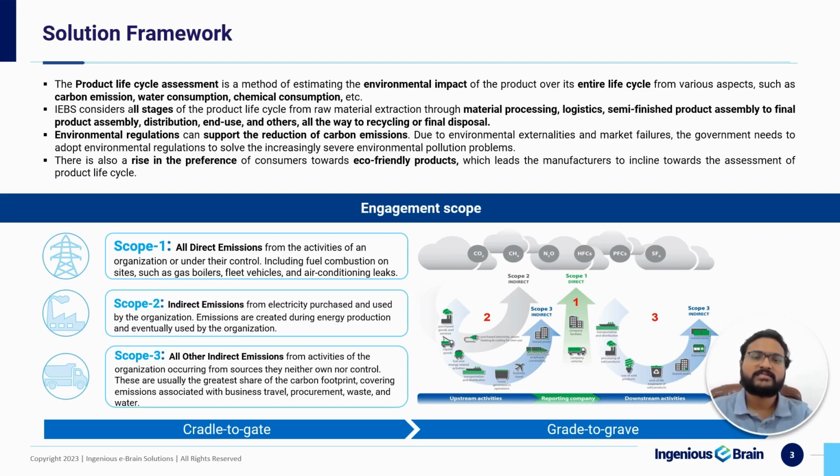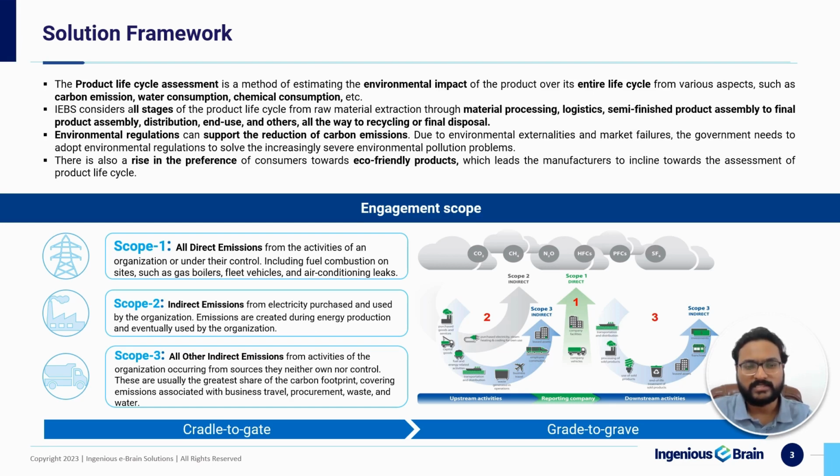Also, we cover the various stages while commencing this kind of assessment, like the material processing stage or the logistics stage or semi-furnished product assembly or the final product assembly stage, distribution stage, end use stage, and recycling stage. But also when we cover the various businesses, depending upon the business nature, we have to consider a different approach.